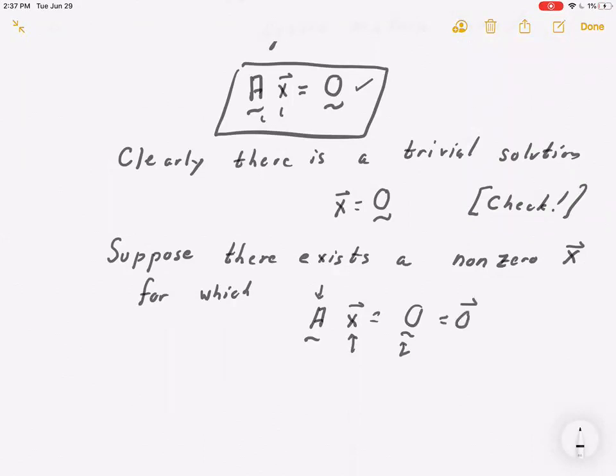Suppose there exists a non-zero x for which this equation is true.